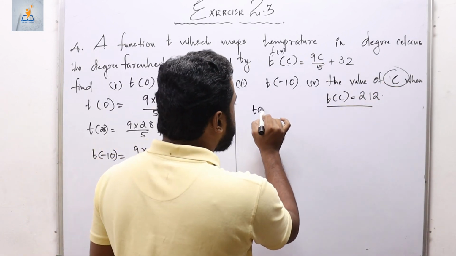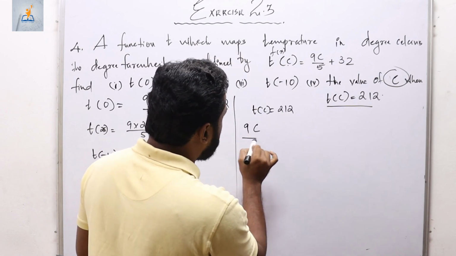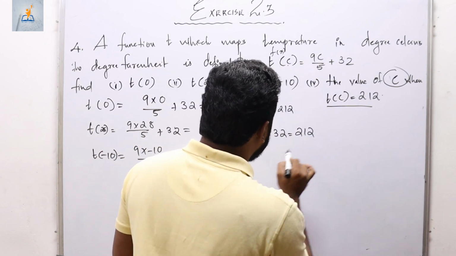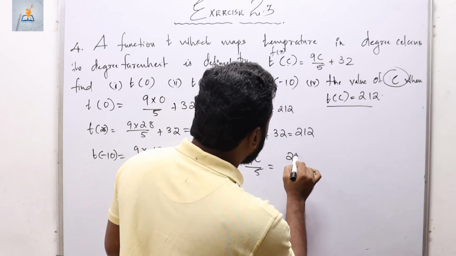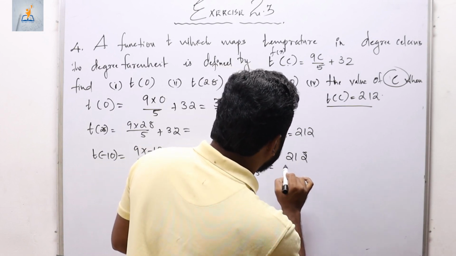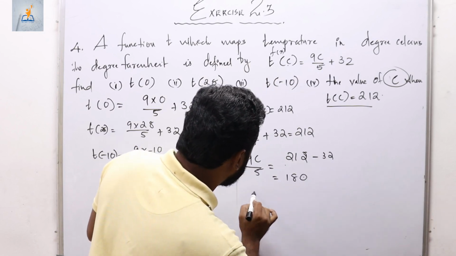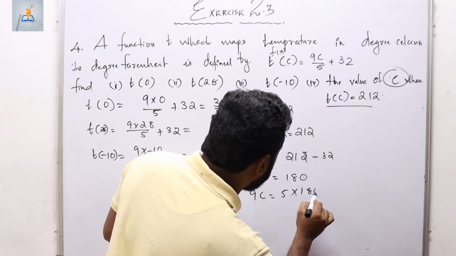So t of c is equal to 212, which means that 9 into c by 5 plus 32 is equal to 212, which means that 9 into c by 5 is equal to 212 minus 32. It is equal to 180. So 9c is equal to 5 into 180.